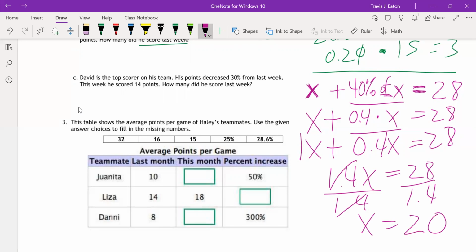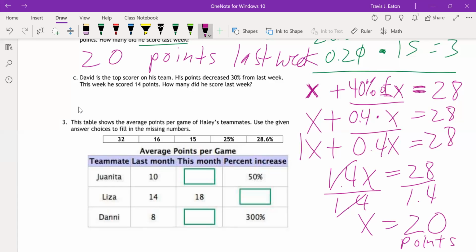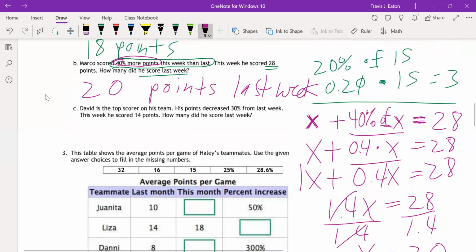And that equals 20. So that means that last week, because that's what x was, the points that he scored last week is 20 points. Okay. Now, if that was even the least bit confusing, don't worry, because we're going to keep practicing this kind of thing more and more. And I don't want anybody to get lost.